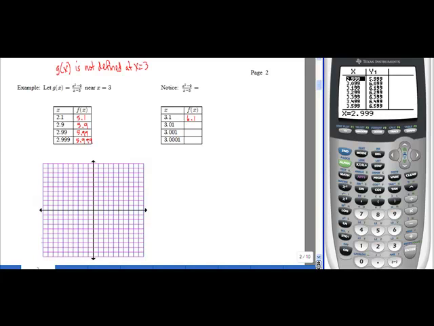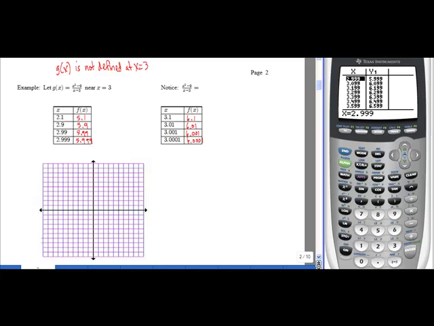Now I presume that you can do this for the 3.01 and so on. I'm not going to waste your time watching me slowly do that on my computer. So at 3.01 you get 6.01, then 6.001, and 6.0001. So a nice pattern there.